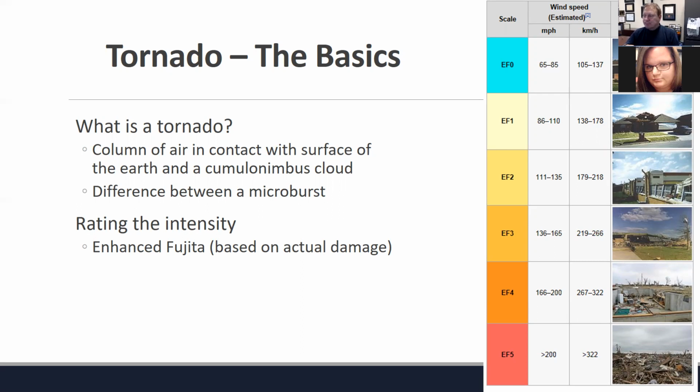And while there's not a substantial difference in terms of the damage that could be created by an EF0 or an EF1 and a microburst, by the time we get up into some of the more intense storms, an EF2 through an EF5, and when I talk about an EF, the enhanced Fujita scale, we're talking about miles per hour of wind speed at the core of the storm.